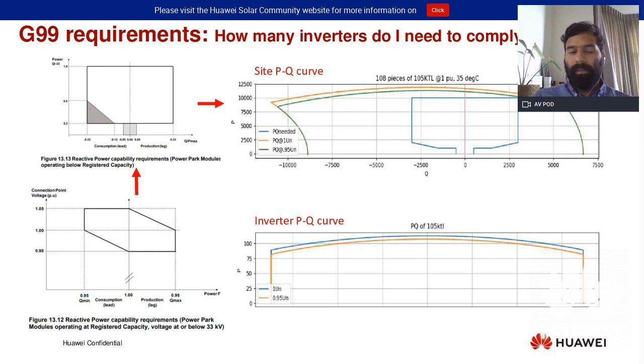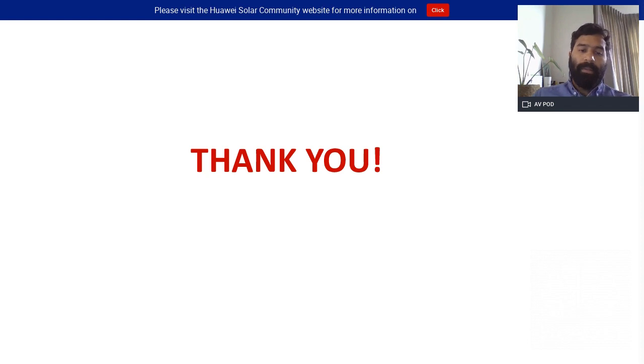So you can play with the number of inverters in order to comply with this requirement, and this is to be done with a dynamic simulation, like you can do a load flow study, and you will define if the amount of inverters that you have on site can allow you to comply with the reactive power requirements, and then you can be sure that the DNO will be satisfied by the compliance of your site. This is one of the studies that you need to do, for example. This is everything I wanted to discuss today.